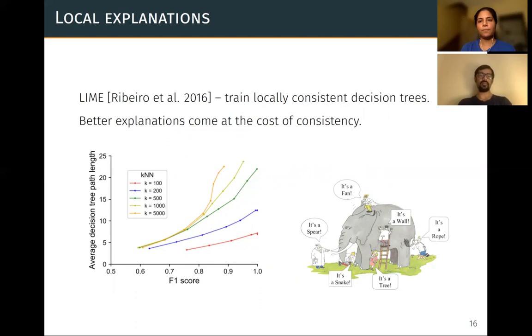But the issue is that these better explanations, which are shorter in complexity, come at the cost of high loss in consistency across the data set.